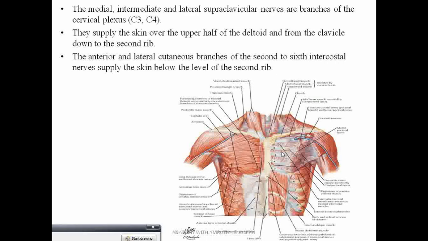Intercostal spaces are between the ribs. They are going to supply the area below the second rib. Intercostal nerves have an anterior branch, which can be seen here, and lateral branches.